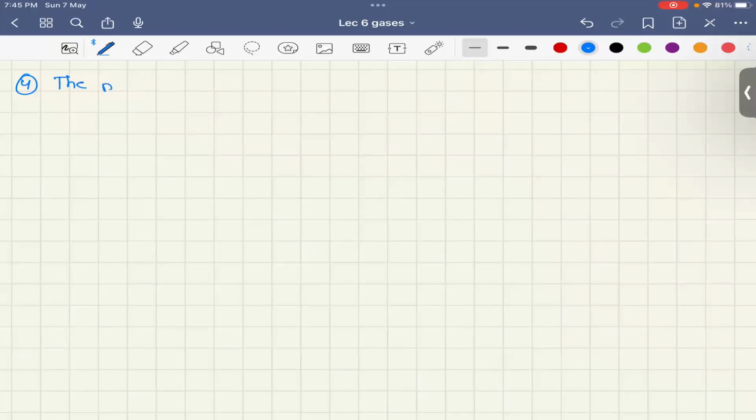The molecules are constantly moving in all directions.